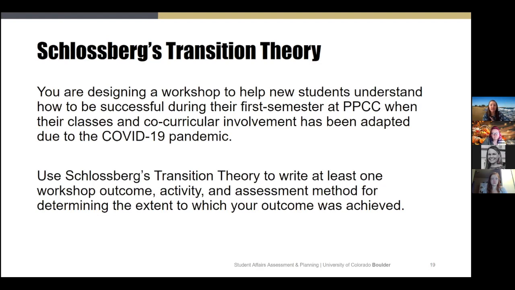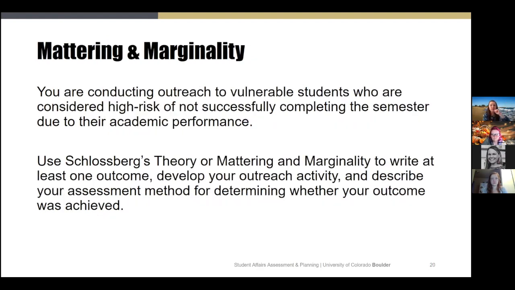Okay. And then the other group will get mattering and marginality, also a Schlossberg theory. In this one, you are conducting outreach to vulnerable students who are considered high risk of not successfully completing the semester due to their academic performance. You could be staff, you could be faculty reaching out to your students in your class, doesn't matter. Doesn't matter your role, this is what you're doing.